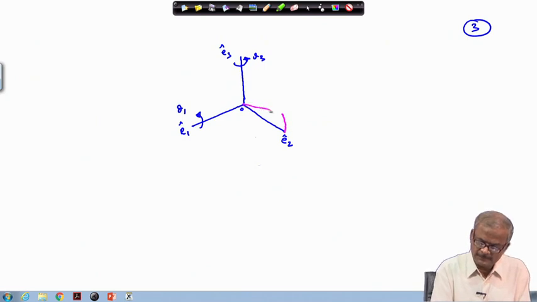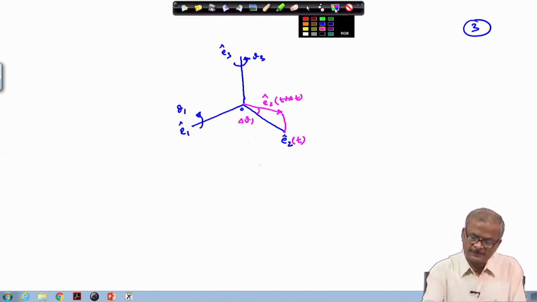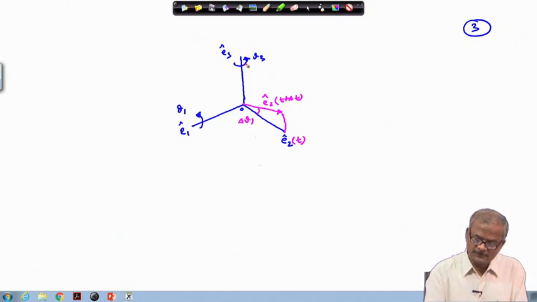It comes from here to here, and this takes place in the 1, 2 and 3 plane. So, this is your E 2 cap at t, then this will be E 2 cap at t plus delta t, and this angle you are showing as delta theta 1.